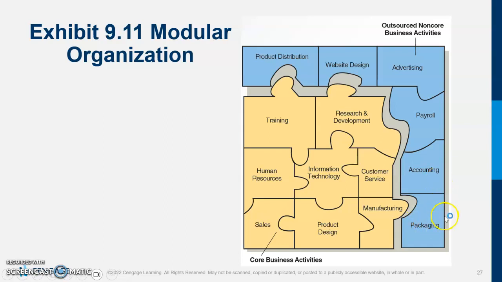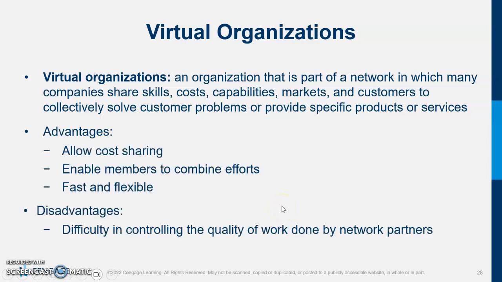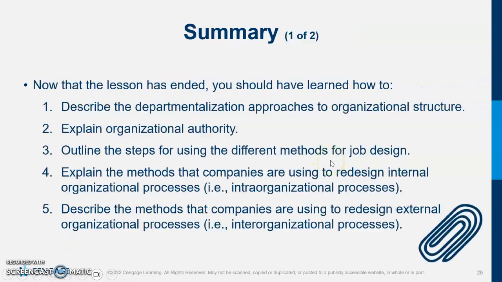They pay somebody else to do those parts. And then a virtual organization is really just a network where many companies share skills, costs, and capabilities to solve customer problems. It allows for cost sharing, it can combine efforts, it's fast and flexible, but it can be difficult to control the quality of work done.